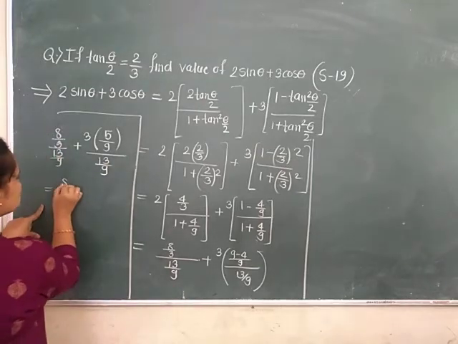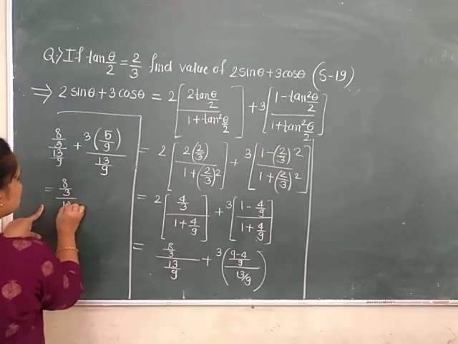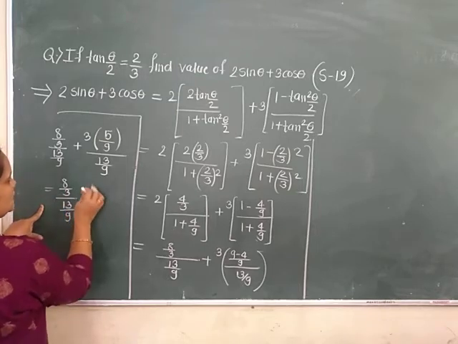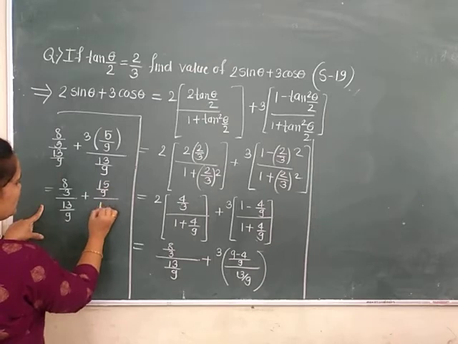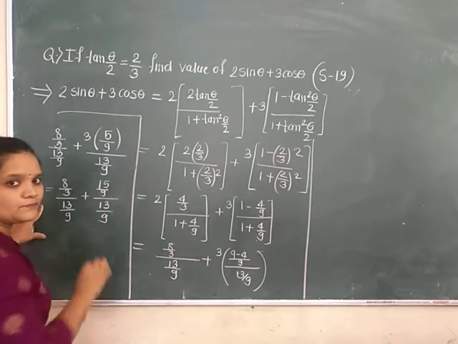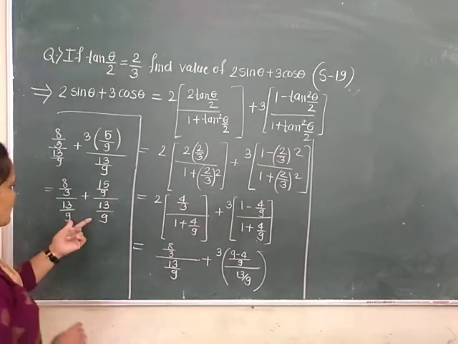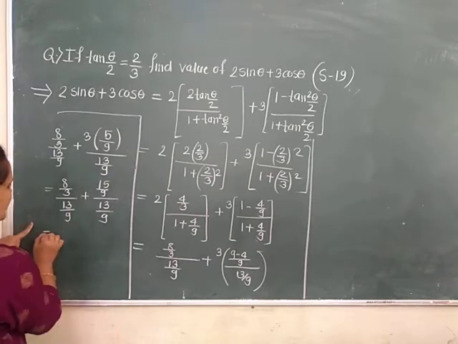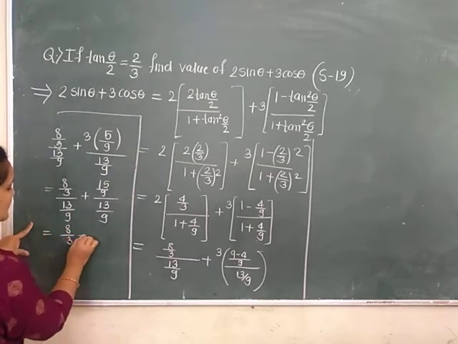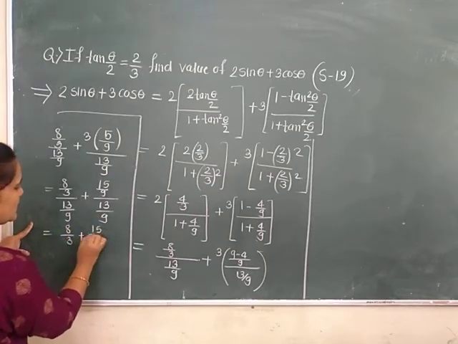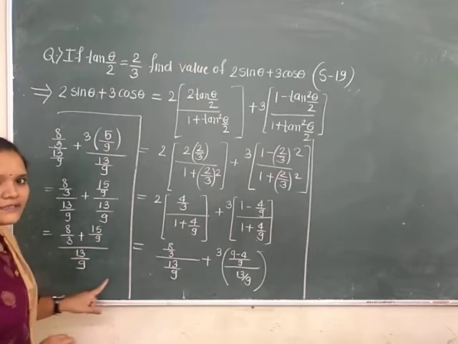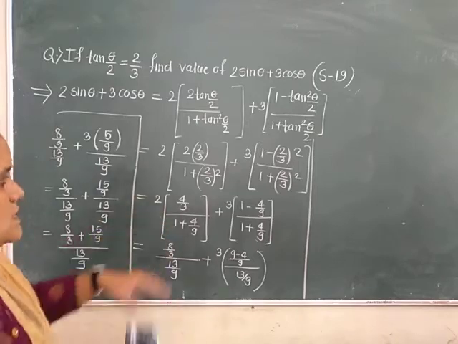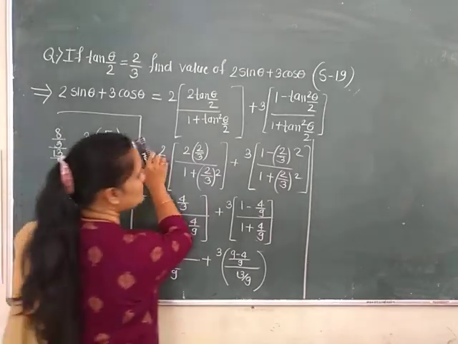Now it is equals to 8 by 3 upon 13 by 9 here plus 15 upon 9 divided by 13 by 9 in this way. Now there is a denominator equal, so I will write 8 by 3 plus 15 by 9 divided by 13 by 9 I can write. Now you note down this, I will rub this whole part.